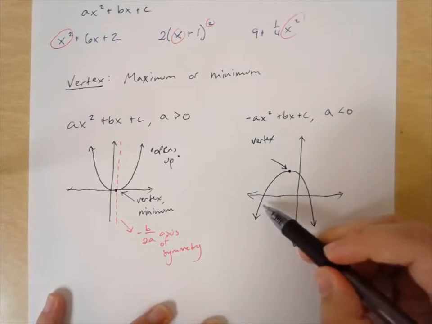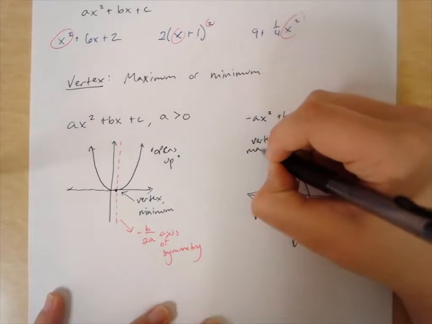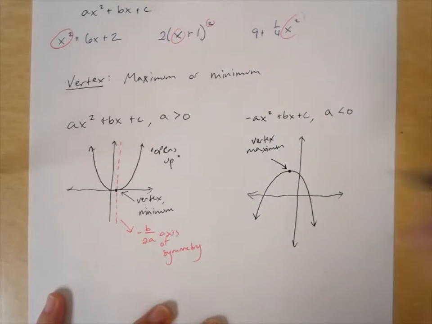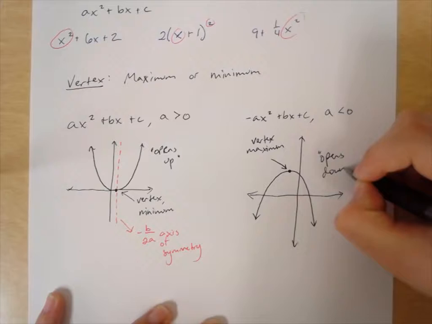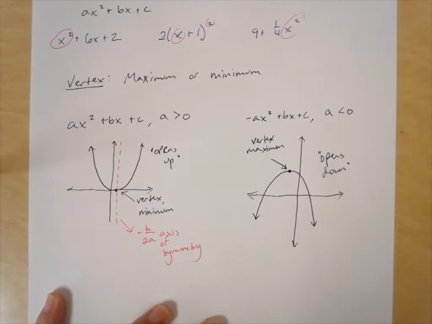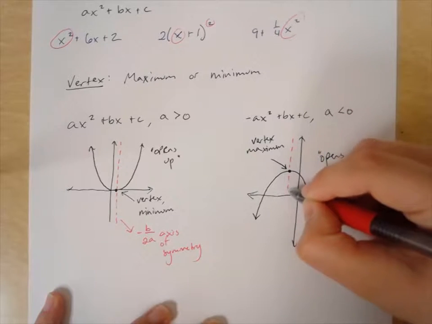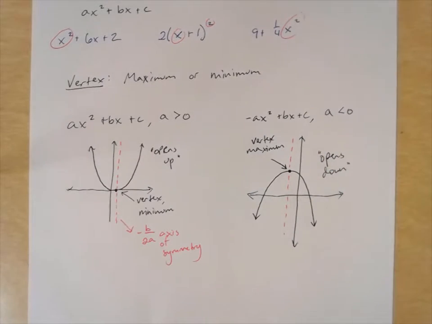But in this case, since our vertex is at the very top of our shape, the highest point, we call this one the maximum. We also say that this opens down. And right here would be its axis of symmetry, which again would be negative b over 2a.